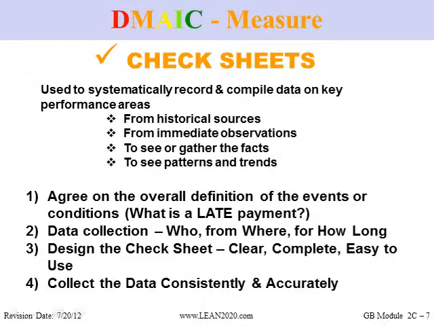Some ways to collect the data: you can use some sort of check sheet or log. Probably some of the most popular ones in that format. There's other ones that can be done probably automatically, just using some existing systems.